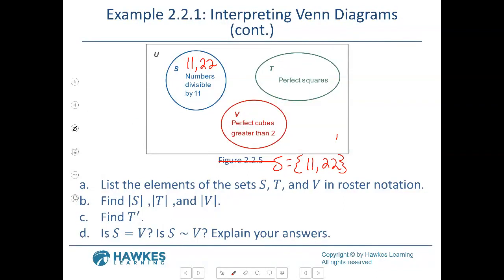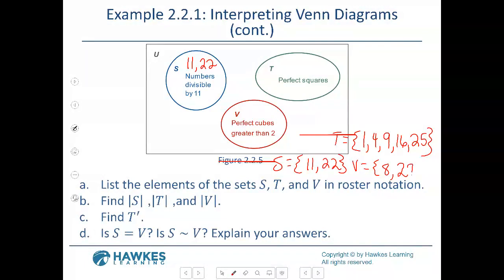Then T would be equal to perfect squares, and perfect squares would be 1, 4, 9, 16, 25. Perfect squares less than 30. And then V, the perfect cubes greater than 2. So these are the cubes. That would have to be only 8 and 27 because 2 to the third power is 8 and 3 to the third power is 27.